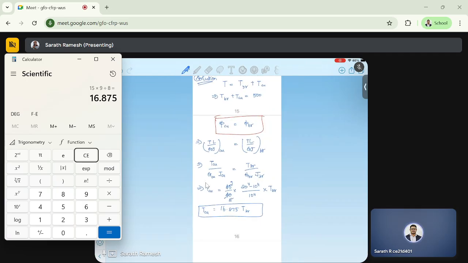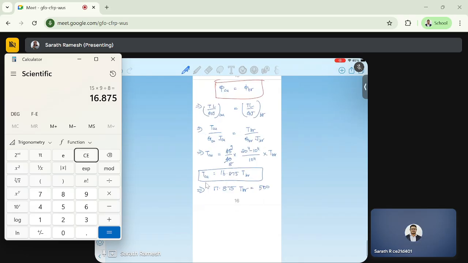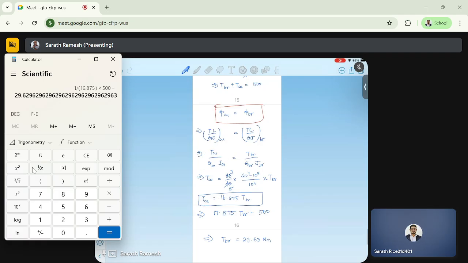Okay, so substitute there. So T copper, 17.875, T brass will be 500, so T brass will be 500 reciprocal of 29.63 Newton meters.